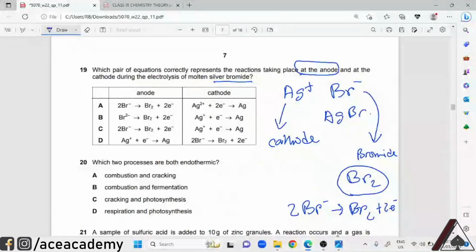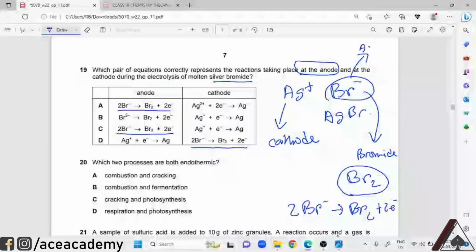This equation represents that, and this equation also represents that. But the catch is, bromide ion is an anion, so it must be occurring at the anode. So option D is not the answer.